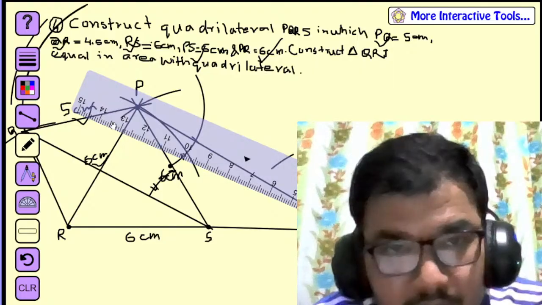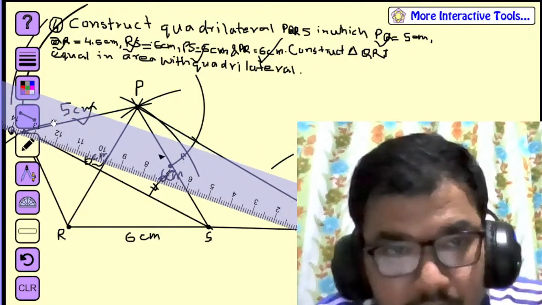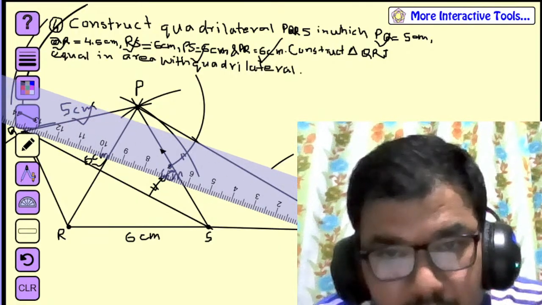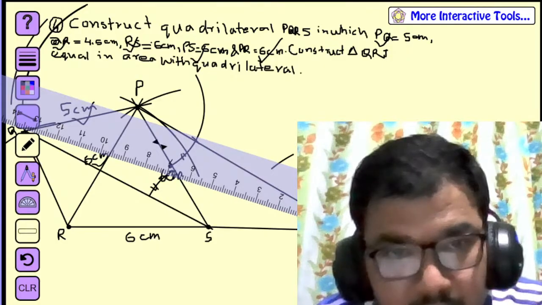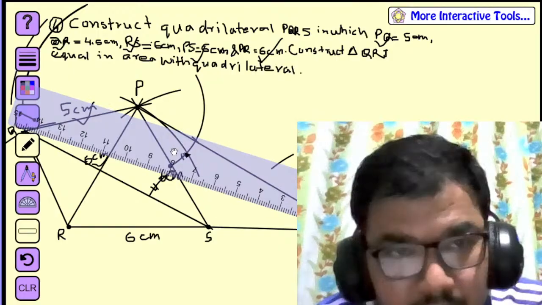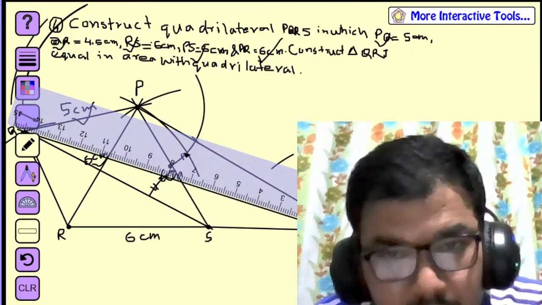T with the, see here, Q and T. Look, this has come longer than the ruler. Okay, like this. Look, this point, right? We have to join like this with this.